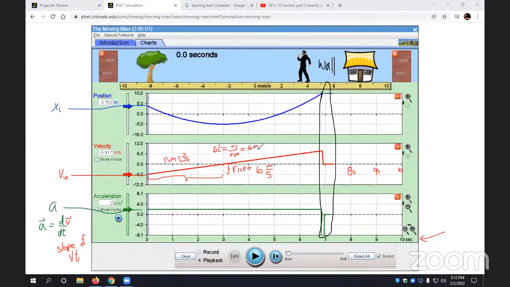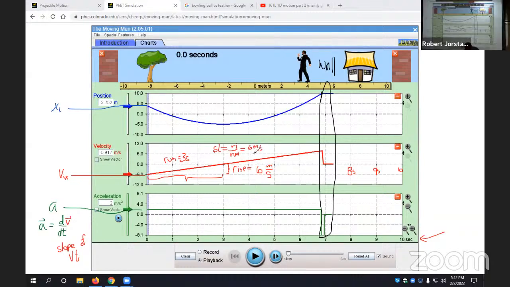Yeah, so we get the 6 meters per second over 3 seconds. And notice the units work out. Oh, geez, that's sloppy. 2 meters per second squared. Notice the units actually work out. All right, is everybody okay with that?